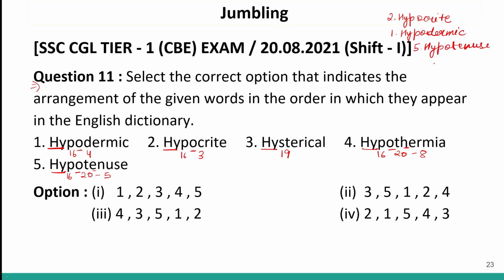Then after this, we'll get hypothermia. And after this, we'll get hysterical. So the correct sequence is 21543, and 21543 is given in option number 4. So option number 4 will be your correct answer.